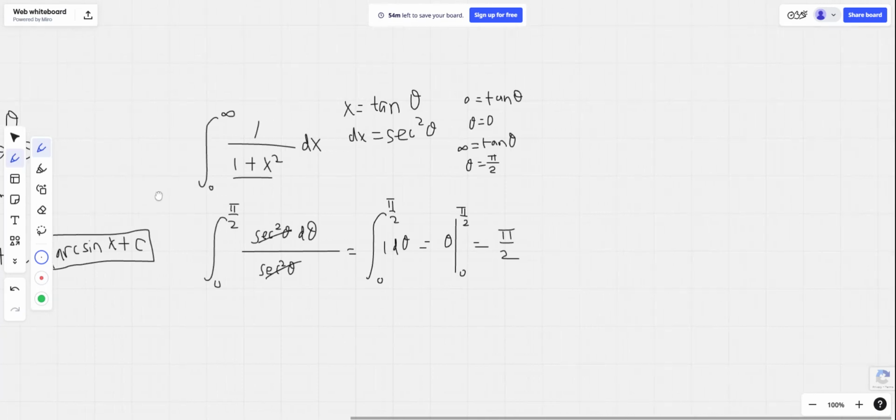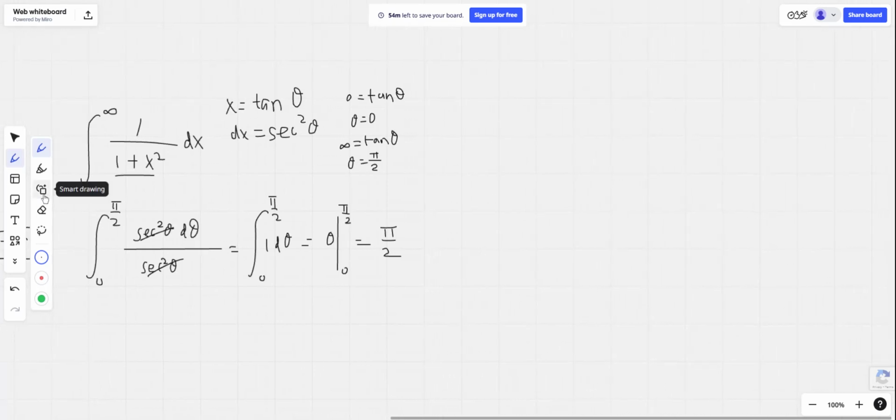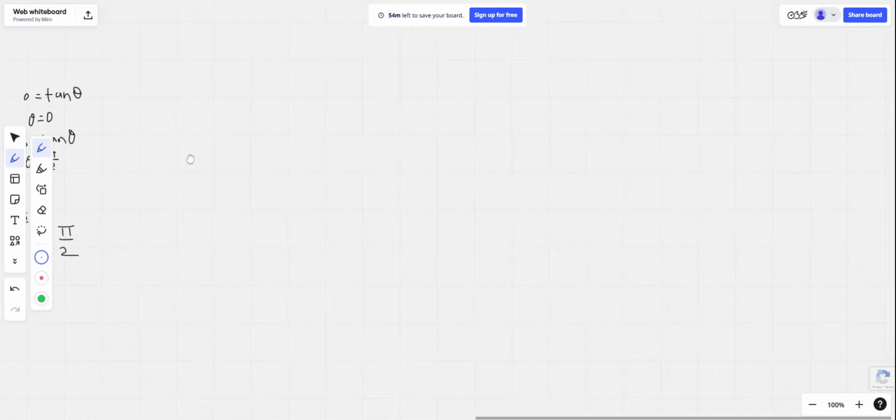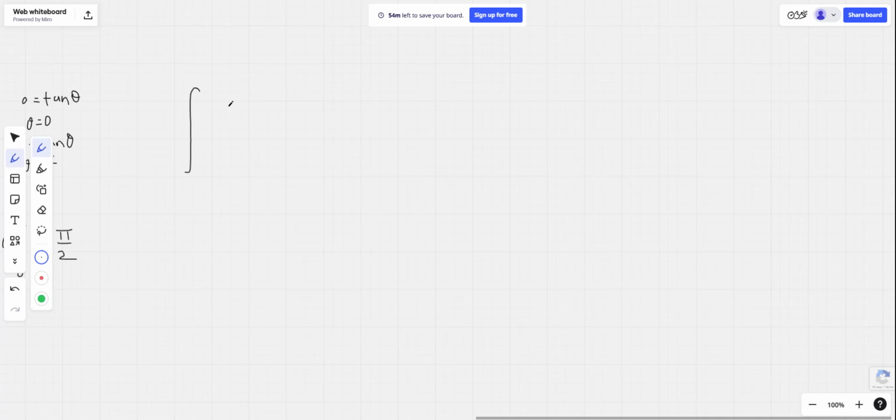Now, you could probably stop the video here, but I want to work through a bonus example. You'll probably not see an example as complicated as this on the BC exam, but I just want to show you the power of how far the trig substitutions can actually extend. So let's do 1 over x squared plus x plus 1 dx, the integral thereof.